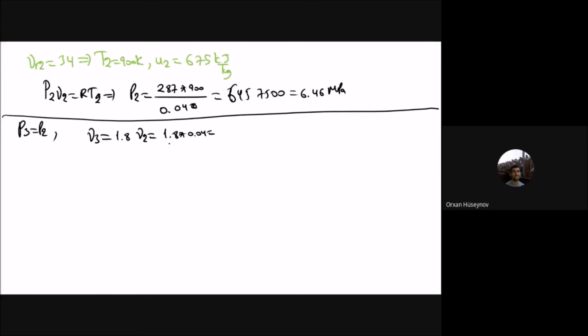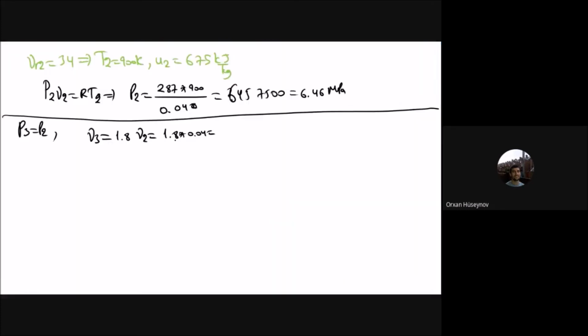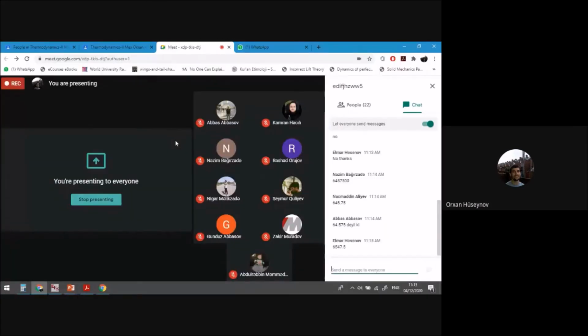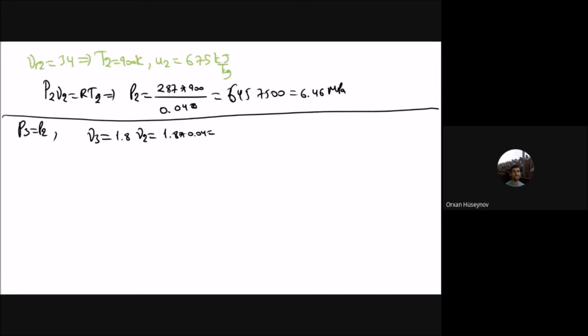So who has the value for the nu 3? So you should divide that 287 multiplied with 900 divided by 0.04. So that is for the pressure at point 2.